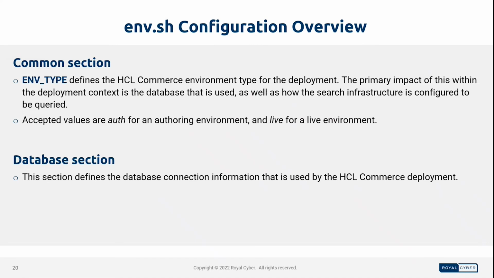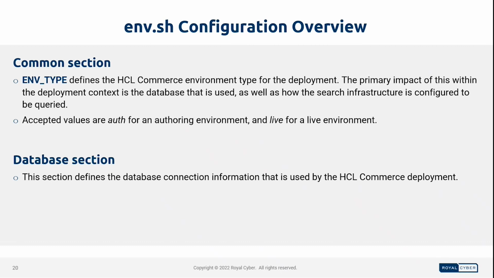Then we have the common section. This section defines the HCL Commerce environment and server host information. Env_type: this parameter defines the HCL Commerce environment type for the deployment. The primary impact of this within deployment context is the database that is used, as well as how the search infrastructure is configured to be curated.